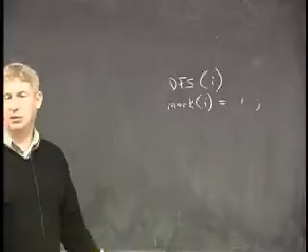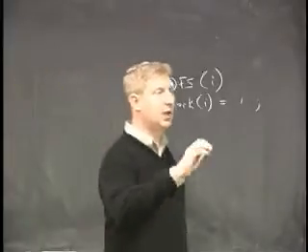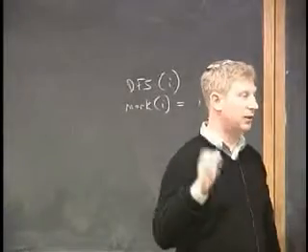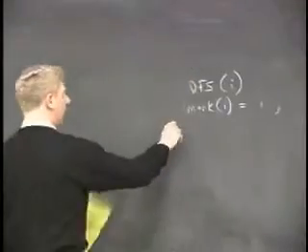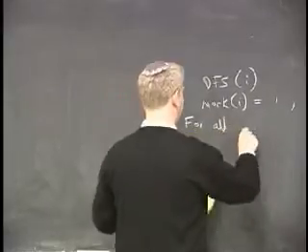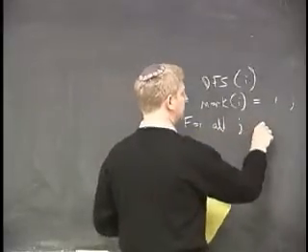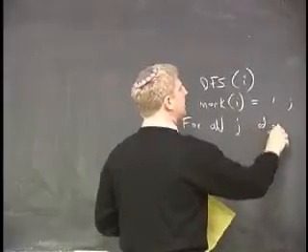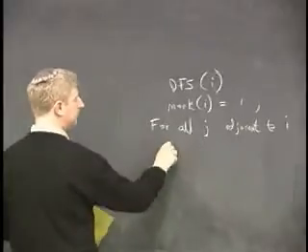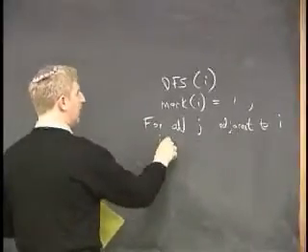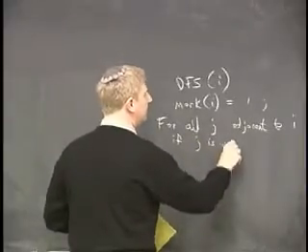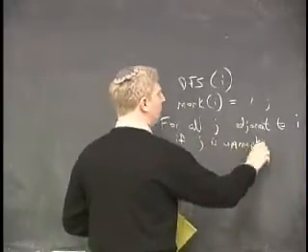All right, what's the next thing you do? It's very easy. It's 3 lines of code. We are now going to recursively call depth first search on all the children that are not yet marked. Okay? So for all j adjacent to i, if j is unmarked, that means if mark of j equals 0.